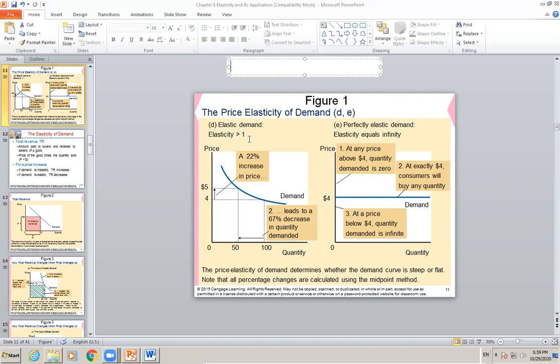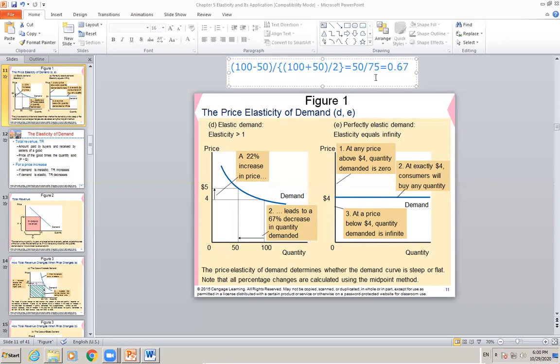In here we see that it decreased from 100 to 50. So we'll use 100 minus 50 divided by 100 plus 50 over 2, close the brackets. That should give us 50 divided by 75, and it gives you something like 0.67.